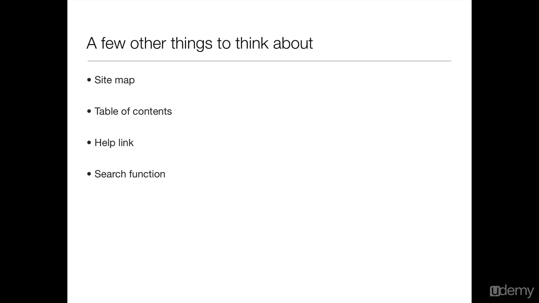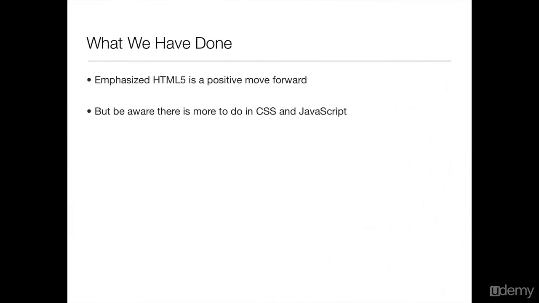Include a search function on any large site. Things to keep in mind, and there are other things which in courses on style sheets and on JavaScript need to be included, which again can improve or assist accessibility for all.